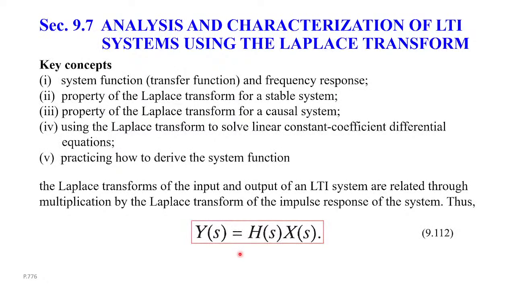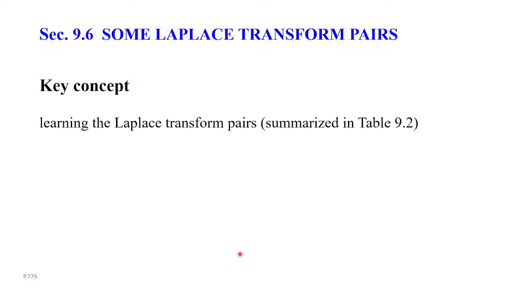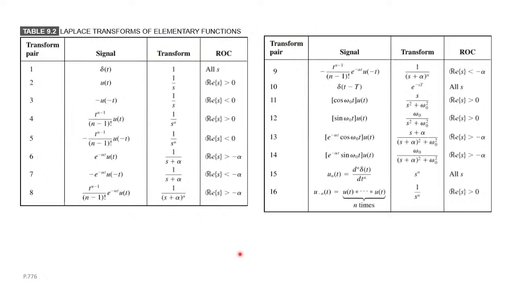Yeah, we have 3 minutes. We can probably look at this table, with some nice Laplace transform pairs. I think we have derived most of them, right? So the delta function has Laplace transform 1.